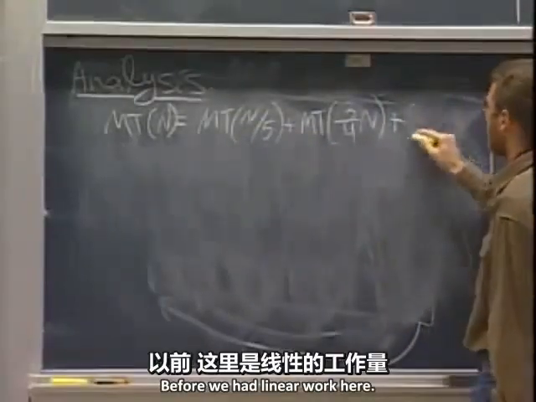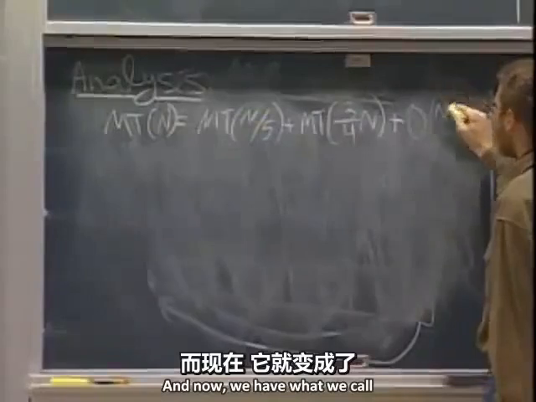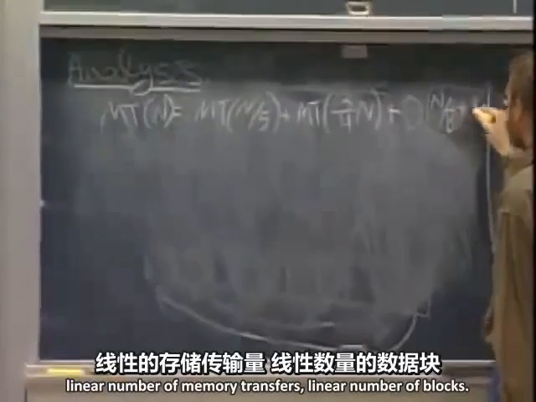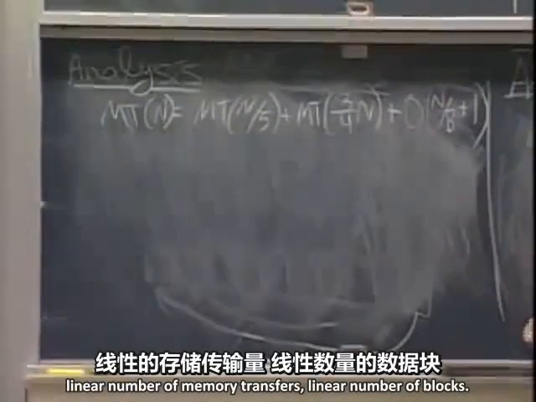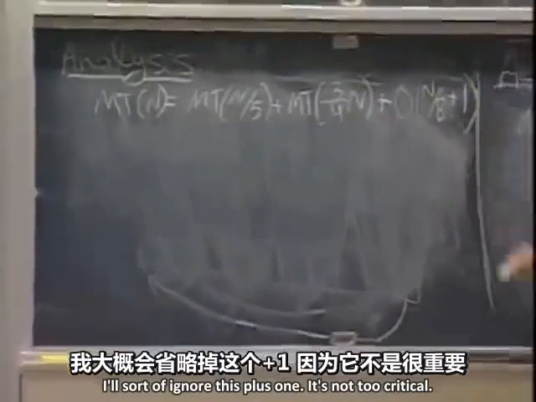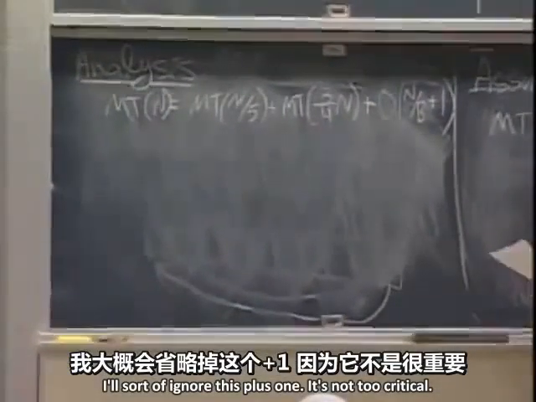Before we had linear work here, now we have what we call a linear number of memory transfers, linear number of blocks. I'll sort of ignore this plus 1. It's not too critical.